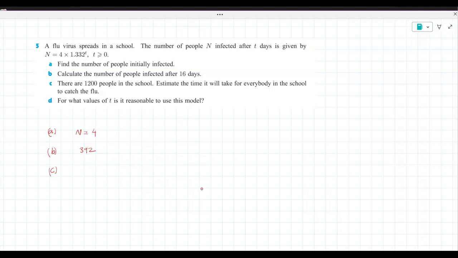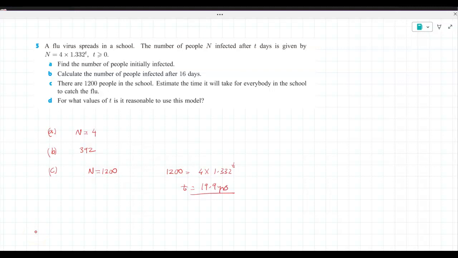Estimate the time it will take everybody to catch the flu. N is the number of people, 1200. So 1200 is equal to 4... You can do n solve or you can use logs. If you use n solve, you get 19.9.